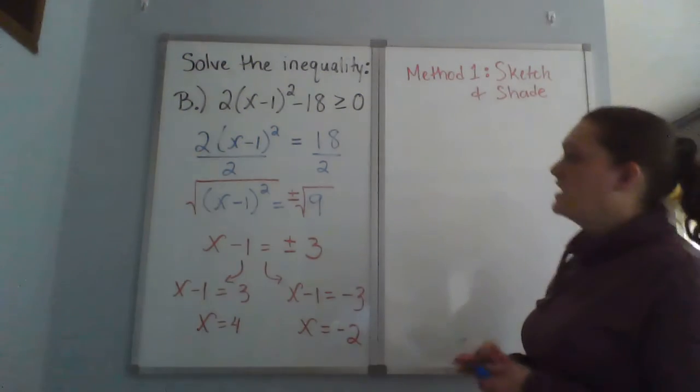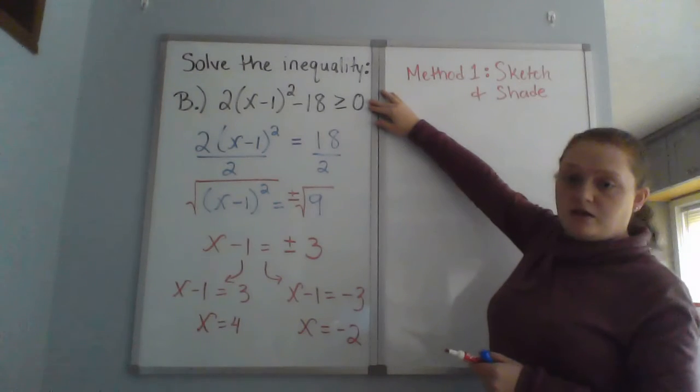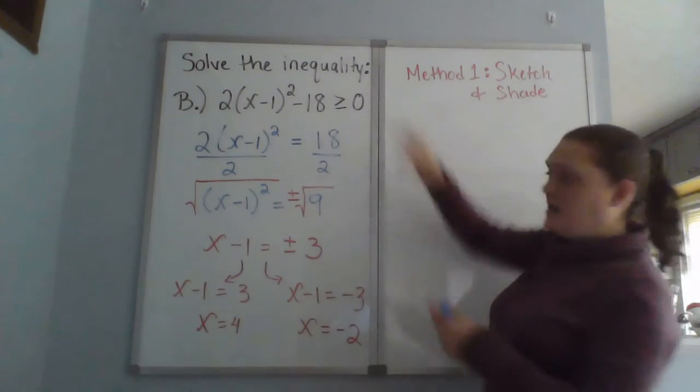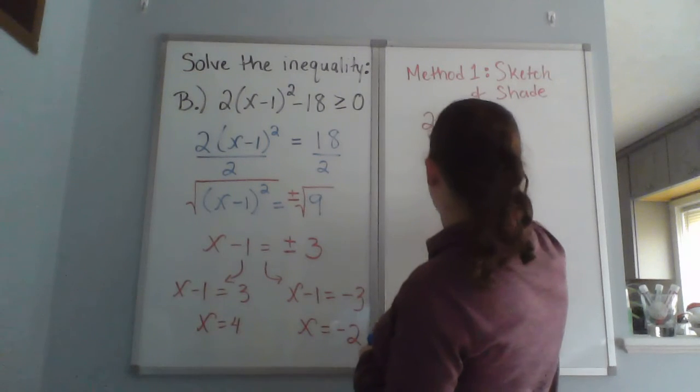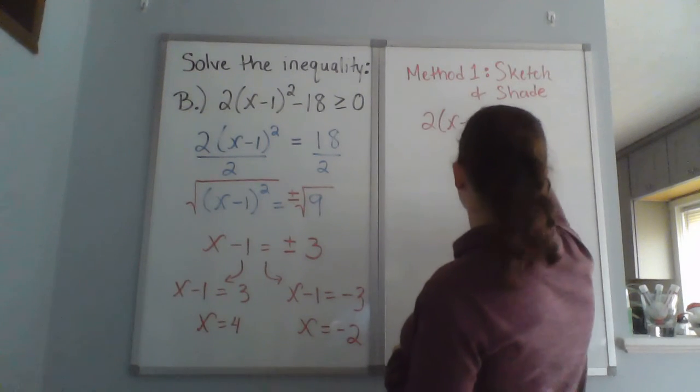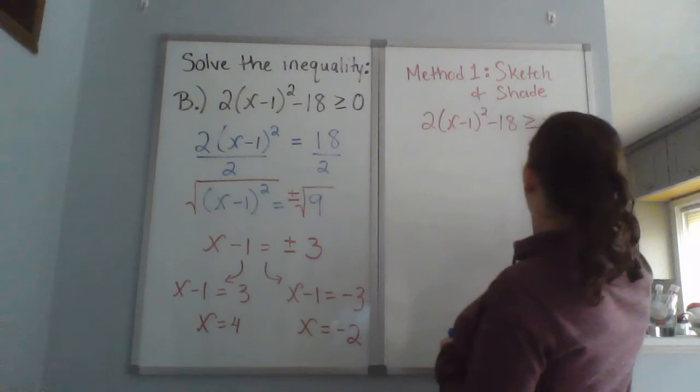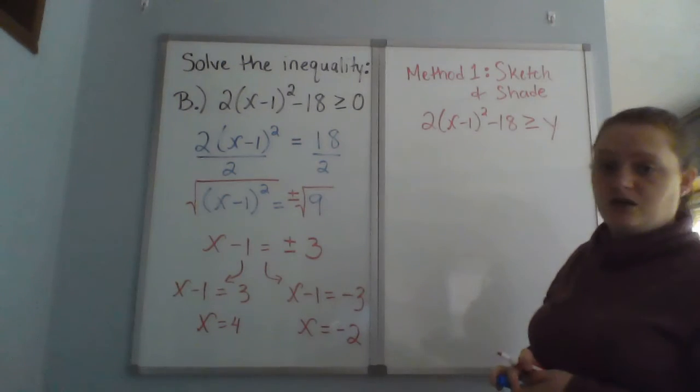In order to do that, I need to go back to the original inequality and replace the 0 with a y. So I'm really looking at 2 parentheses x minus 1 squared minus 18 greater than or equal to y, and then thinking about shading from there.